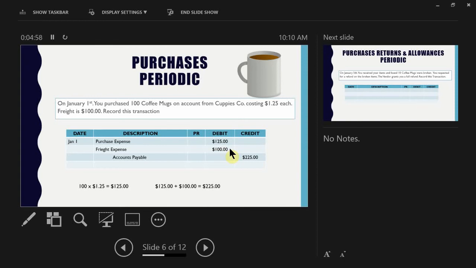You need to make a purchase before you can make a return. So again, this is also us trying to keep track of which items we've purchased and what we can return. In this case, we know that we bought this on this exact date for $1.25 each. Freight was 100, so you owe them in grand total 225. Okay?